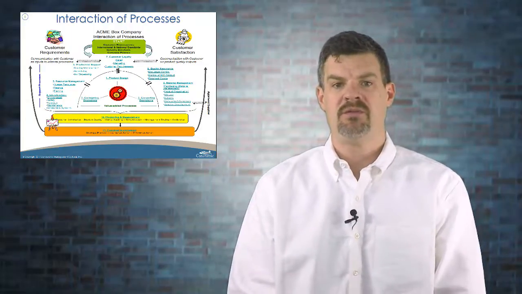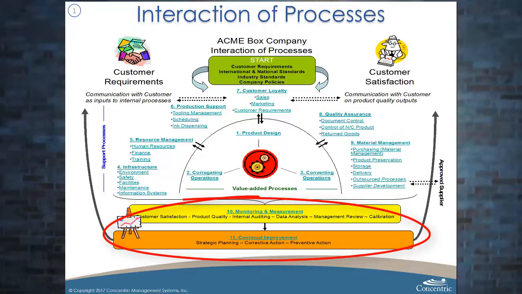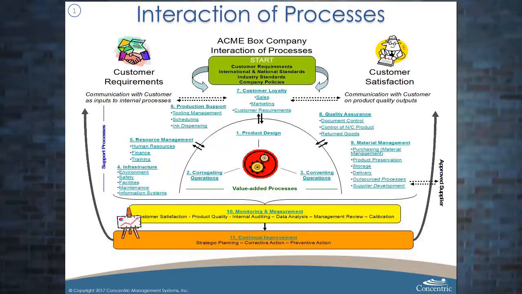So let's use this fake company called the Acme Box Company. Here you see process 1, 2, 3, product design, corrugated operations, and converting operations. Those 3 are value-added processes. Then you have 4, 5, 6, 7, 8, 9, which are support processes, and then you have 10 and 11 that are used to evaluate and improve the other processes of the management system.